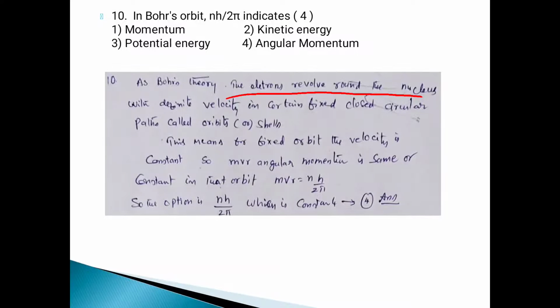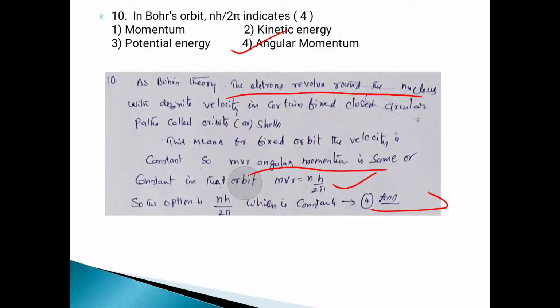He has told the same thing, where n is the number of the orbit and h is the Planck's constant. 2 pi, as you know very well, is about pi, whose value is 22/7 or 3.14. So in Bohr orbit, nh by 2 pi gives only angular momentum. It is evident from Bohr's postulates.